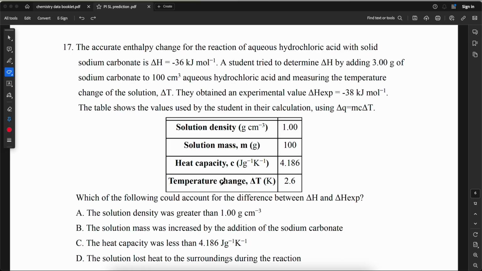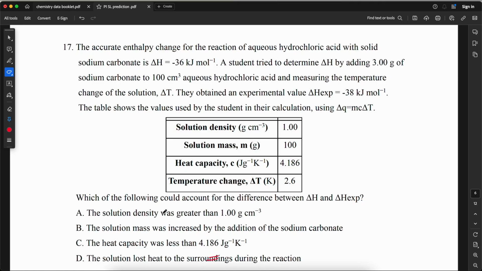If there is a heat loss to the surrounding, it means delta H will be very high, not 2.6. So the delta H experimental would be much bigger than this. It's more negative, and so it's gonna be far from negative 36 kilojoule per mole. So D is not the answer.